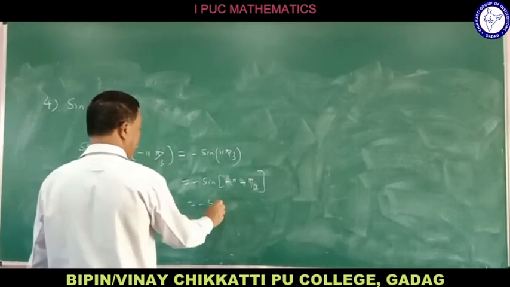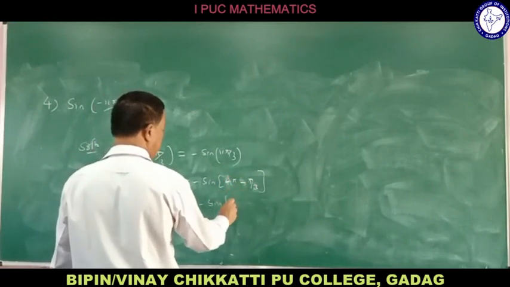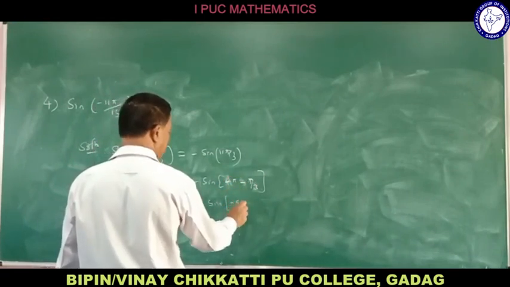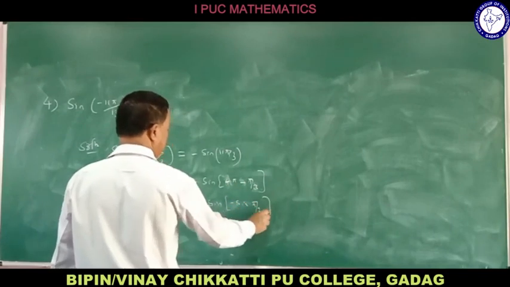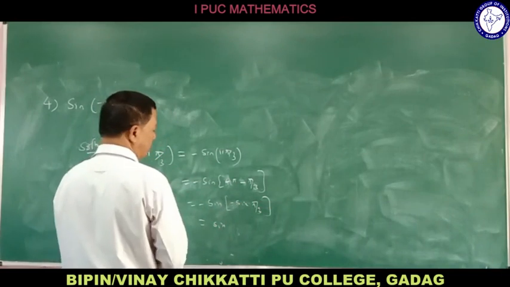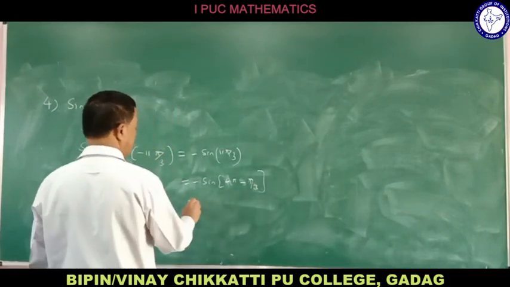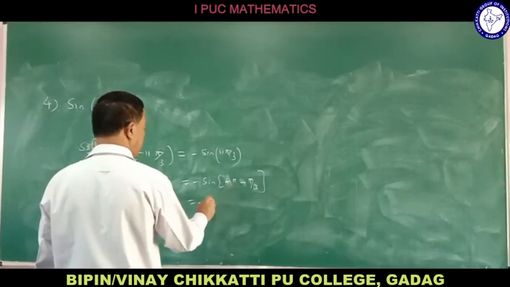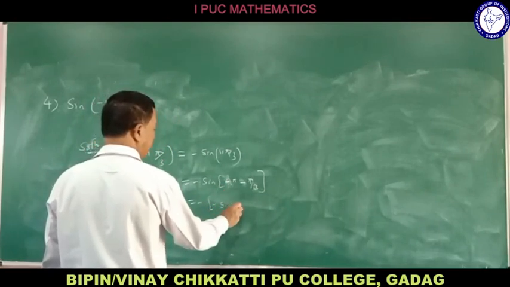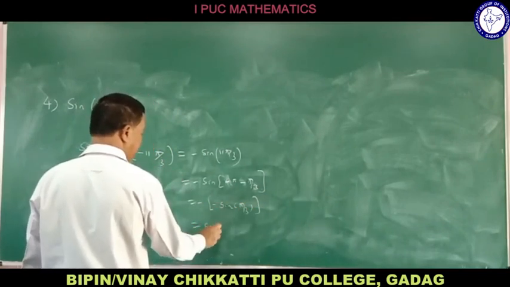So minus of, and it is the fourth quadrant, so you have to see minus sine of pi by 3. Minus minus plus, try to understand the same result. Accordingly, 4 pi by 3 means minus of sine pi by 3, so minus minus plus sine pi by 3.